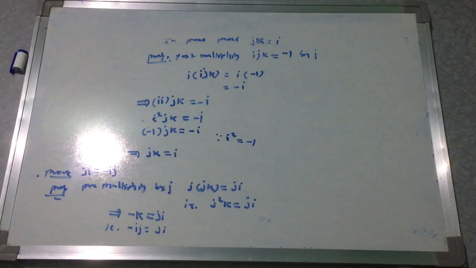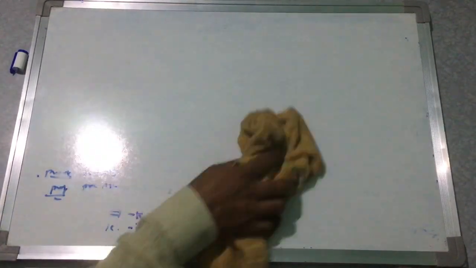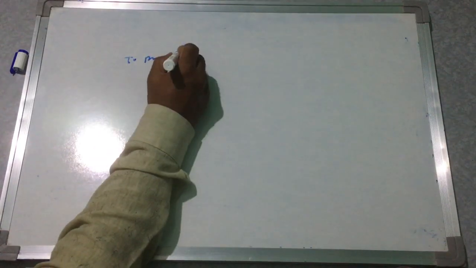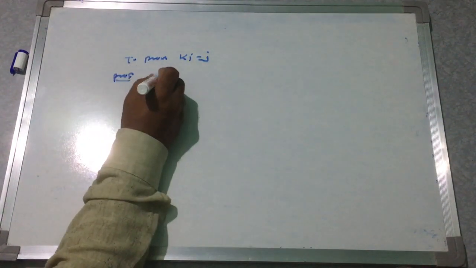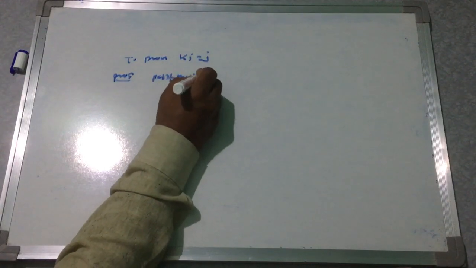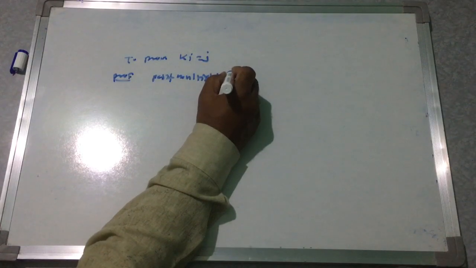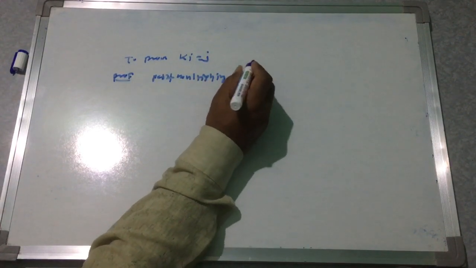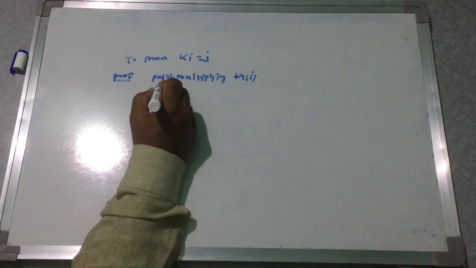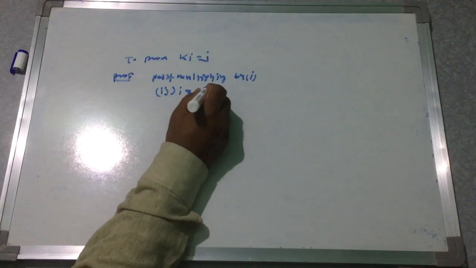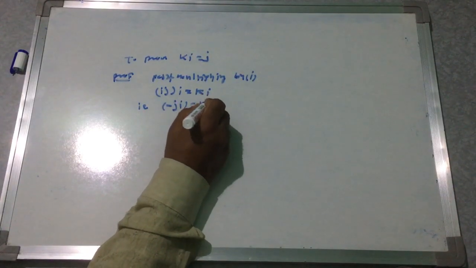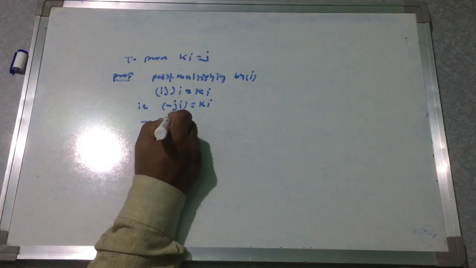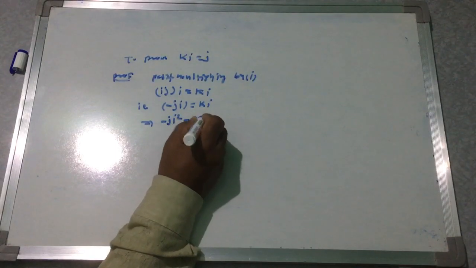And the last one, to prove KI is equal to J. In the proof, post-multiplying by I, so IJ into I equal to KI, that is minus J into I is equal to K into I. So minus J I square is equal to KI.